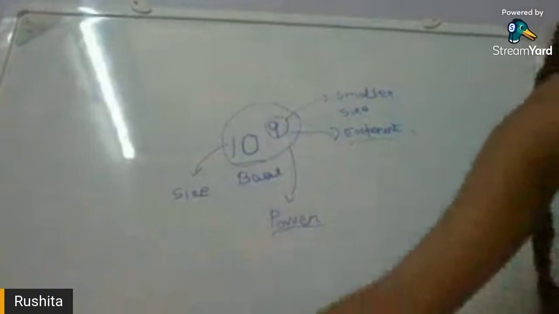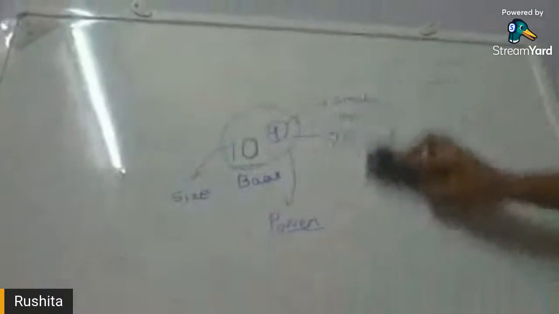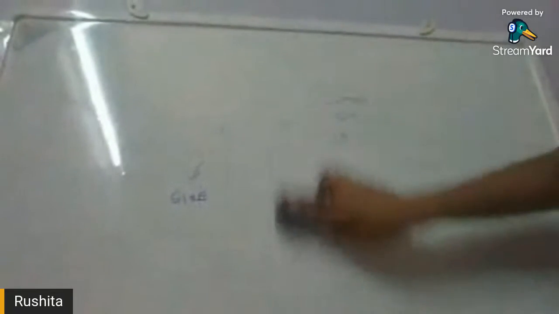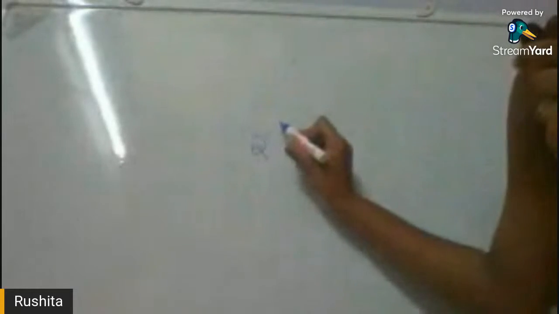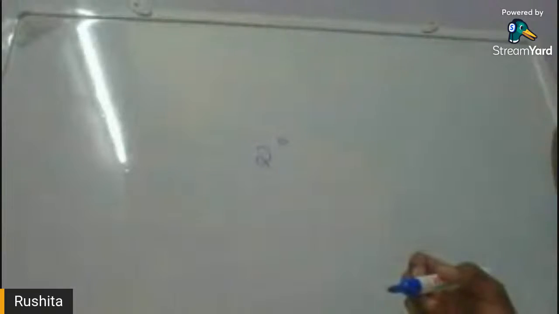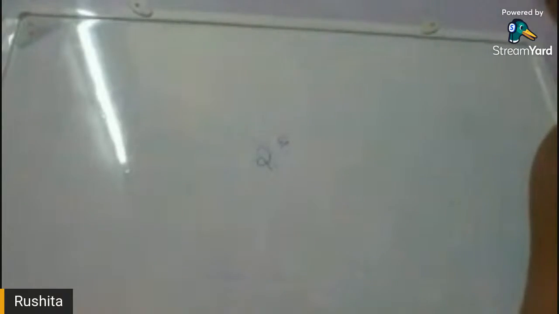So now we will see what you mean by that. Right, now let's take an example of a power. Let's take 2 to the power of 5.